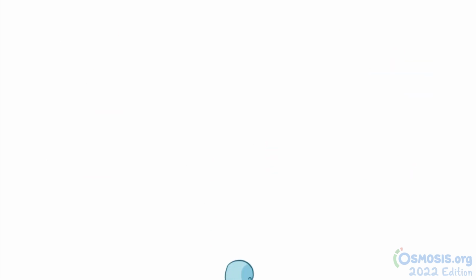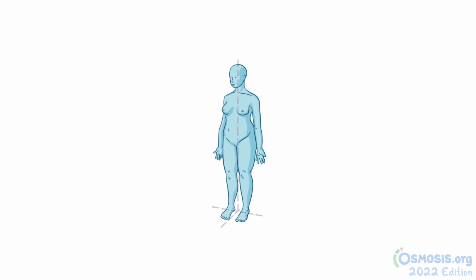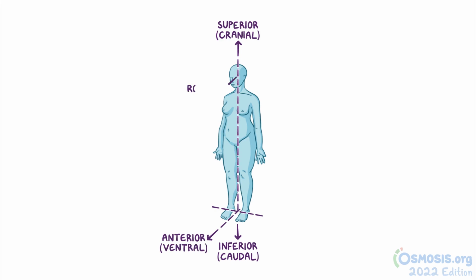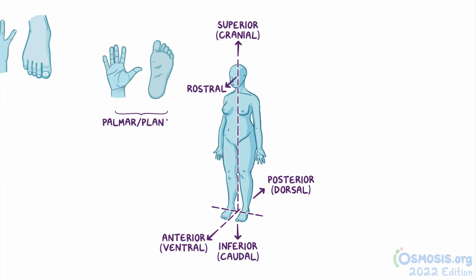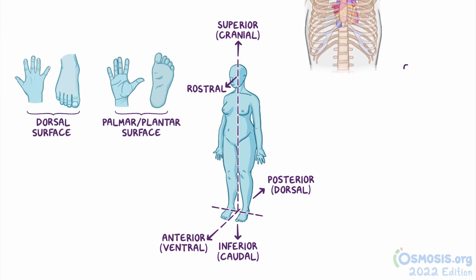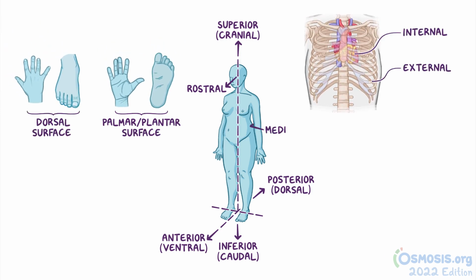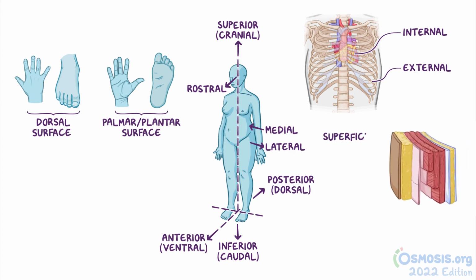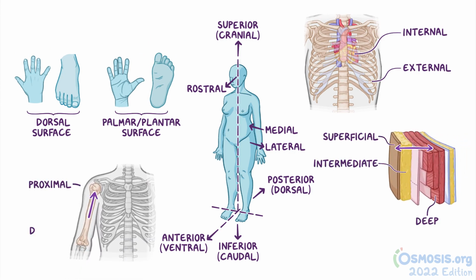There are also important terms of relationship and comparison of the body, including superior or cranial versus inferior or caudal, anterior, ventral, or rostral versus posterior and dorsal, palmar, plantar, and dorsal surfaces, external and internal, medial and lateral, superficial, deep, and intermediate, and proximal and distal.